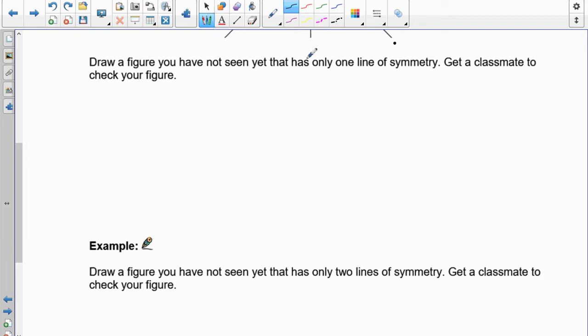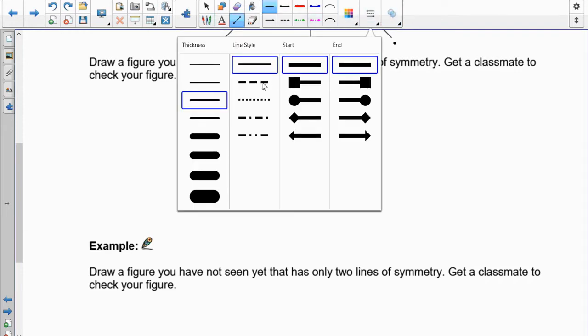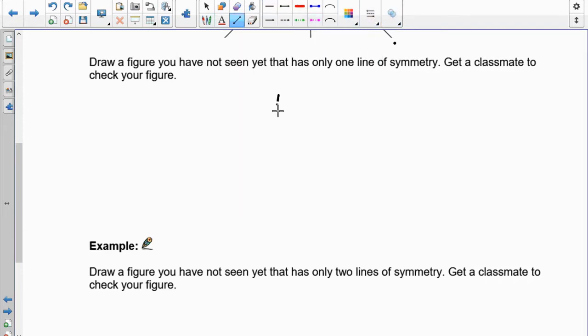I have to make sure that whatever I draw can't be flipped in any other way except one. So I'm going to put a line in here, and this is going to be my line of symmetry. So there's my line of symmetry right there. Now whatever happens here, I have to make sure that I get both of these able to flip this way, but no other direction. So I'm going to grab some rectangles here.